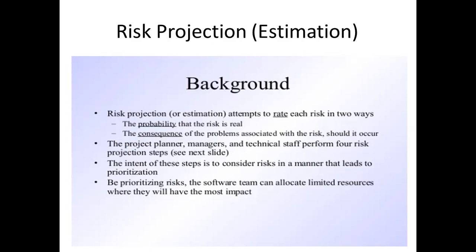The first thing we consider for the risk is to allocate limited resources, because we always want to reduce the staff members or team members working in the company. We just want to reduce our staff.